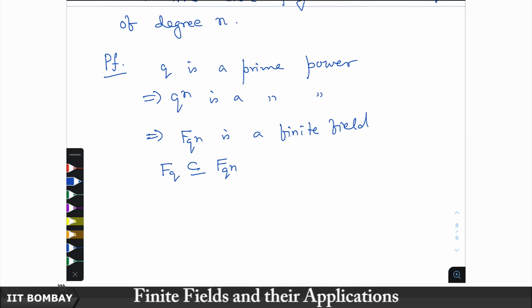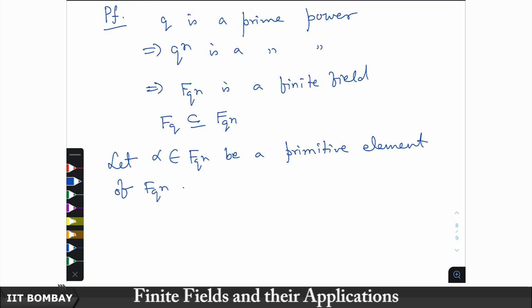Now, we also know that if we take a primitive element of F Q power n, let alpha be a primitive element of F Q power n, then we have just now seen that F Q power n can be seen as the simple extension of F Q obtained by adjoining alpha.